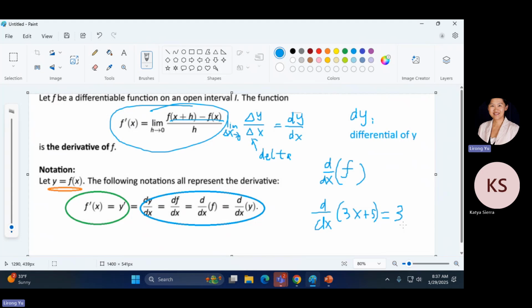So in the second part of the calculus, we have to talk about how to integrate a function. Integration is the opposite of differentiation, so that brings out necessity for us to be familiar with both notations. Right now we can stay with the function notation, and in the future we'll gradually add more practice on the differential notation. Any question?